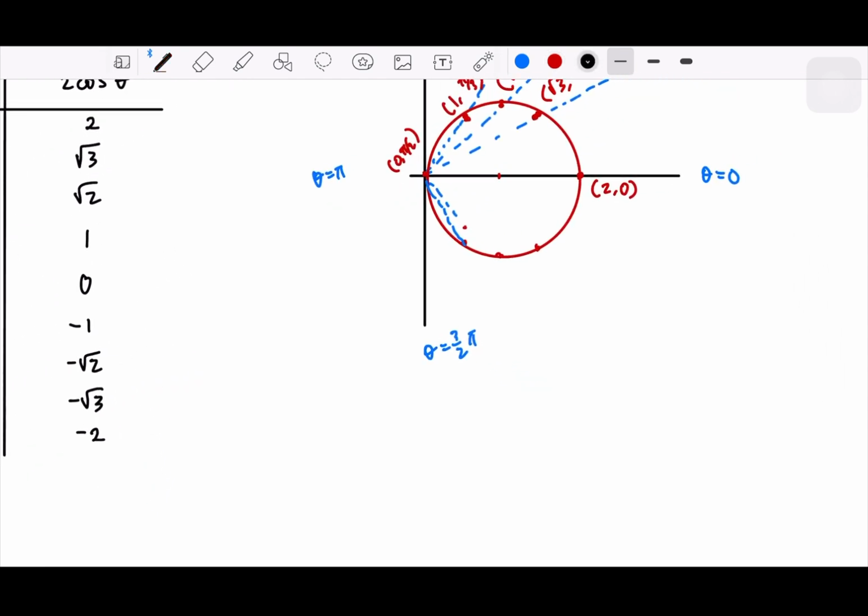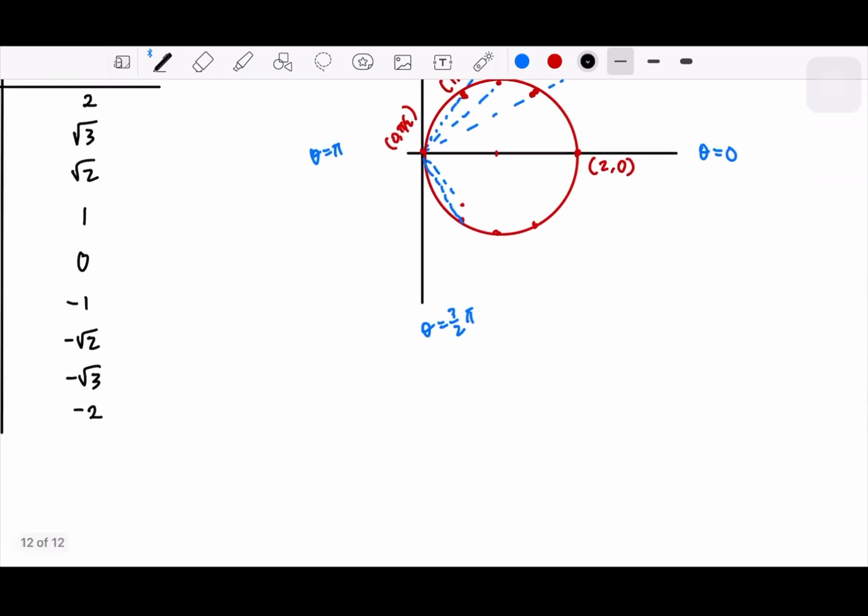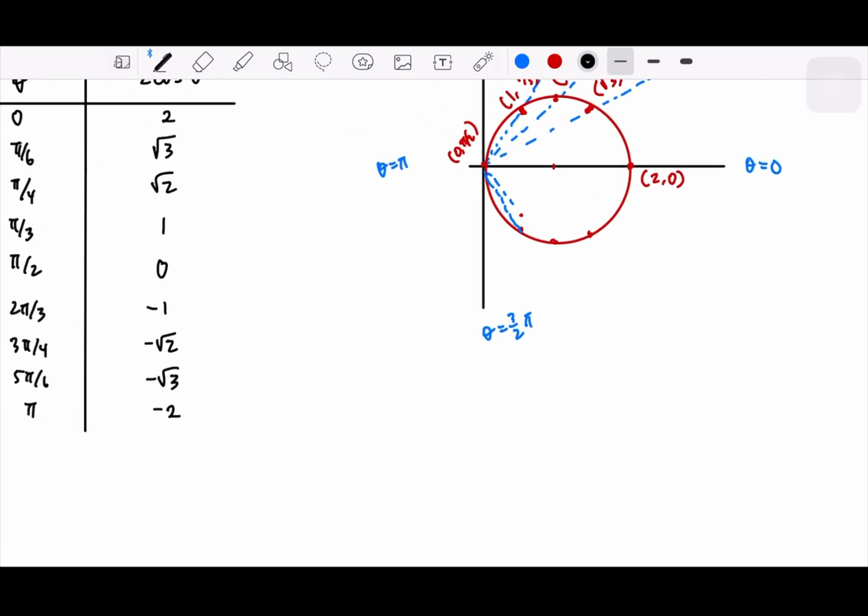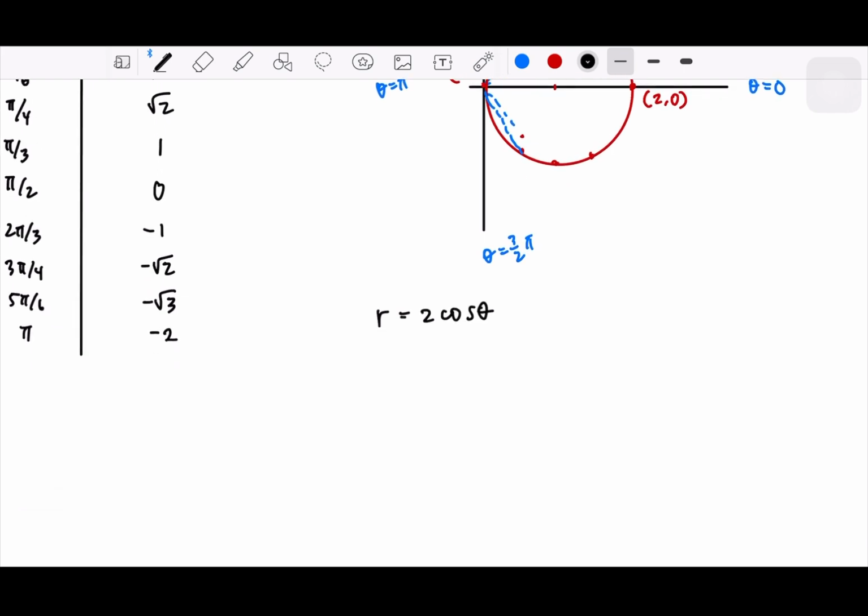If you want to convert and make sure that we are going to have the correct calculations, we can write down the formula in terms of x and y. So we have r squared is 2x, which means that 2x is x squared plus y squared, right?